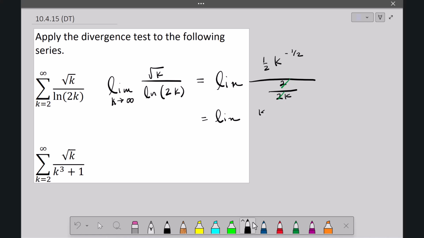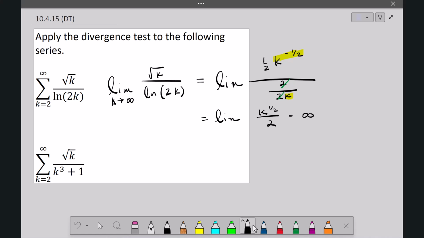So we're going to end up with k to the 1/2 divided by 2. This k and this k to the negative 1/2 will end up being a product of k to the negative half multiplied by k, which will be k to the positive 1/2. And this limit is infinity.